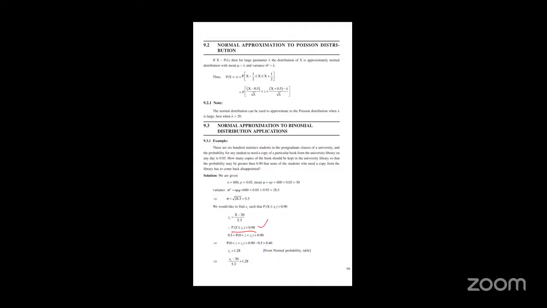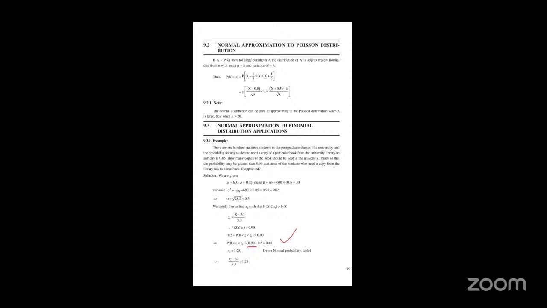For this Z1, we take 0.5 plus the probability of 0 less than Z less than Z1. So the probability of 0 less than Z less than Z1 should be greater than 0.90 minus 0.5, that is 0.40, because the students who need a copy from the library should not go back disappointed.